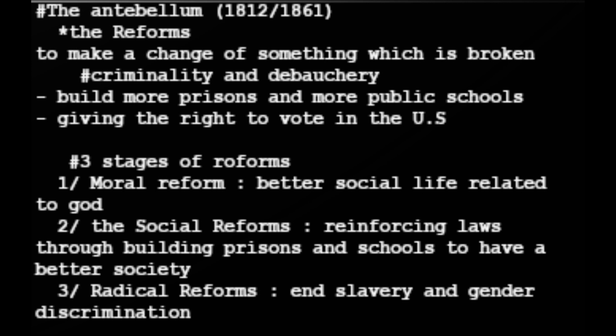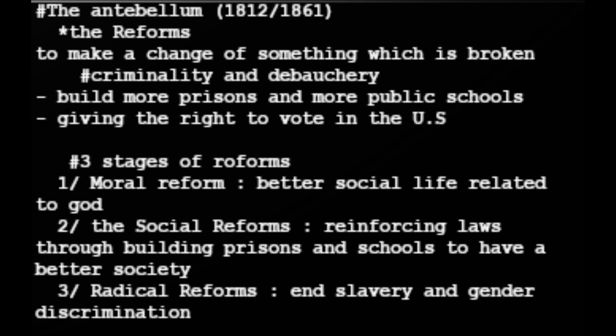So in terms of reform, we have 3 stages of reform. The first one is moral, which means they wanted to create a better social life, a better society. But this society, they wanted to make it mostly close to God. In other words, a godly daily life. The purpose was always to eliminate criminal life. In order to do so, they had to spread new morals through public speeches, because at that time we did not have televisions, we did not have internet.